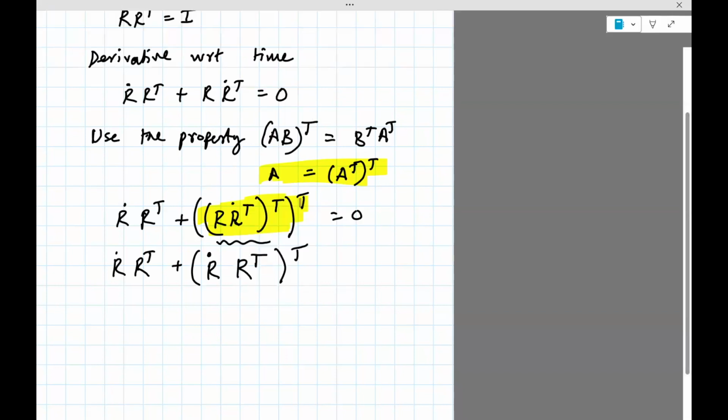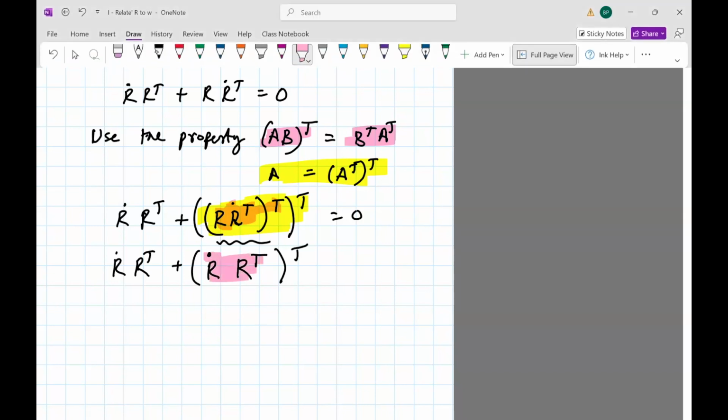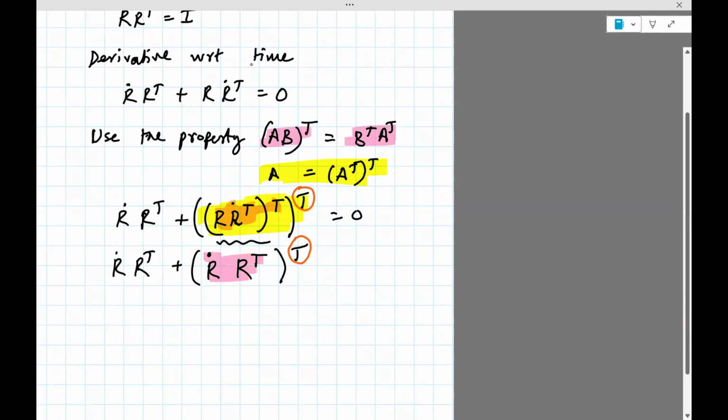What I did here is use this fact on just this expression to get this. So this stayed as it is, and the other one I just took the transpose of.